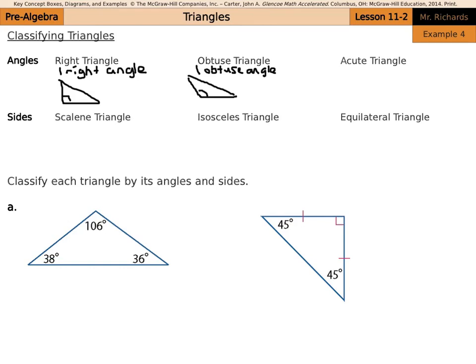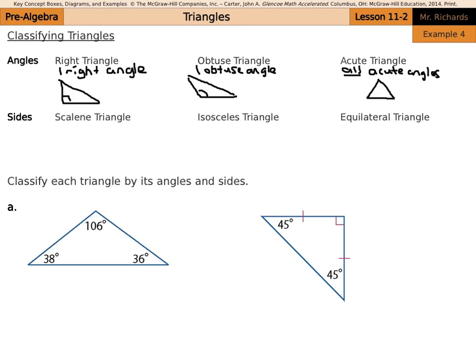And so, there you go. An acute triangle has all acute angles. So something that looks a little bit like that. All the angles are acute, all less than 90. And then we get to scalene, isosceles, and equilateral triangles, triangles that are classified by their sides.